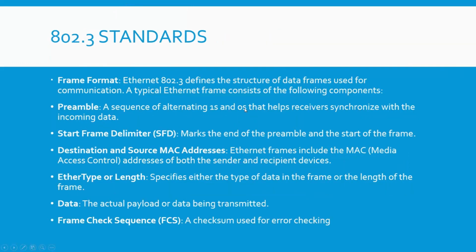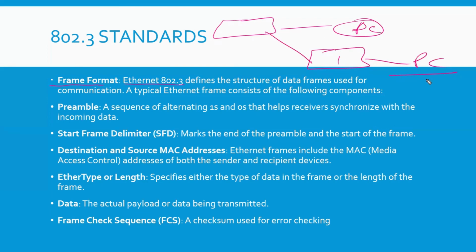So the standard, then we have the frame format. We just talked about the physical side. So the frame format is how, when you have a switch here and a PC, and then another switch here and a PC here, the frame travels from here to here. These are all 802.3, not the routers, not layer 3, only layer 2.